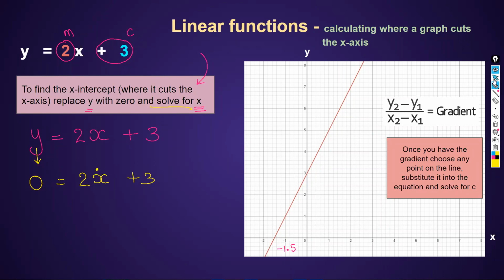So let's solve for x and let's see what happens. When we throw across the positive, you all solve that for me and tell me if you get -1.5.